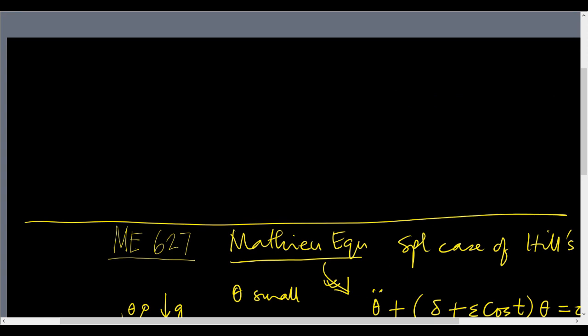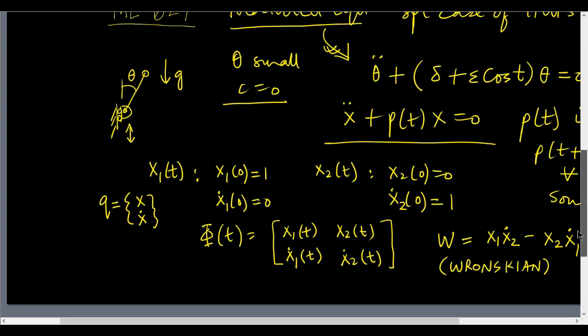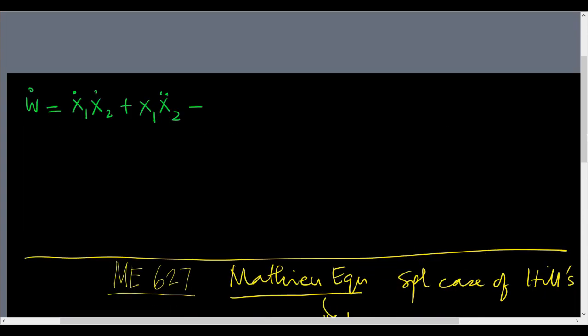What we notice is that W dot, the rate of change of the Wronskian, is equal to x1 dot x2 dot plus x1 x2 double dot minus x2 dot x1 dot minus x2 x1 double dot.